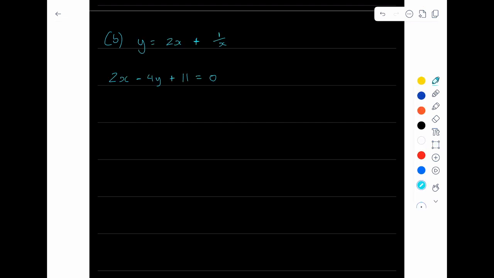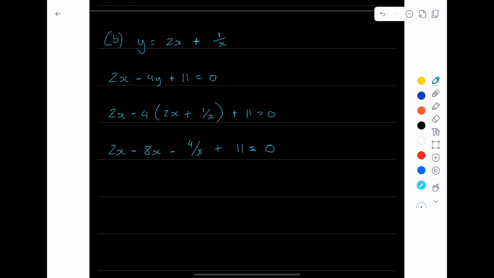So, y is equal to 2x plus 1 over x, and 2x minus 4y plus 11 is equal to 0. Plug one into the other and we get 2x minus 4 times (2x plus 1 over x) plus 11 is equal to 0. But wait, look at that.